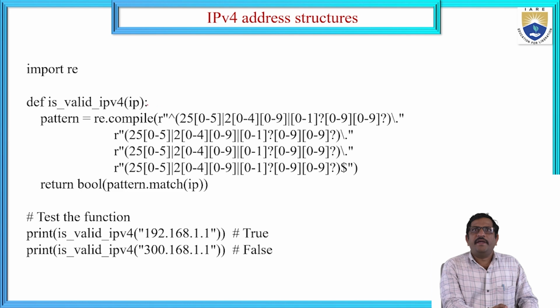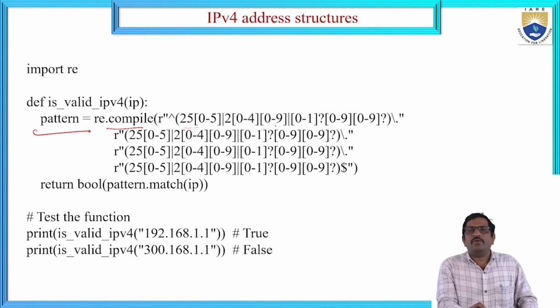We define a variable, the pattern, and its representation: 25[0-5], 2[0-4][0-9], [01]?[0-9][0-9]?. So this pattern will be repeated for each octet. Return a Boolean value, true or false.